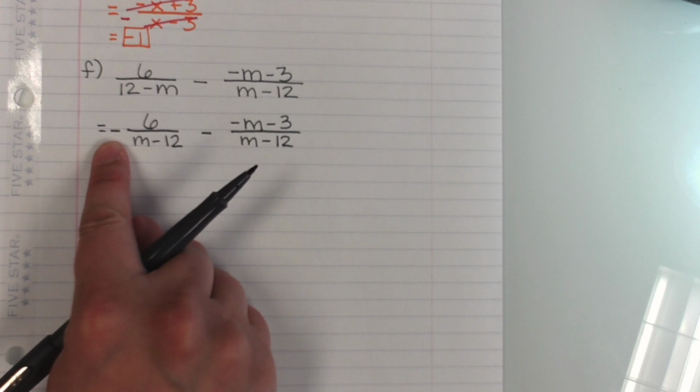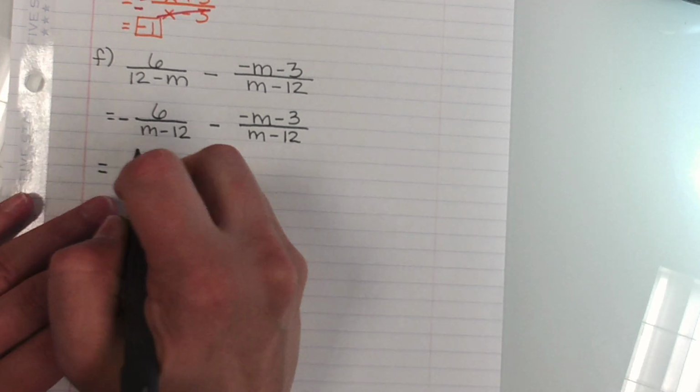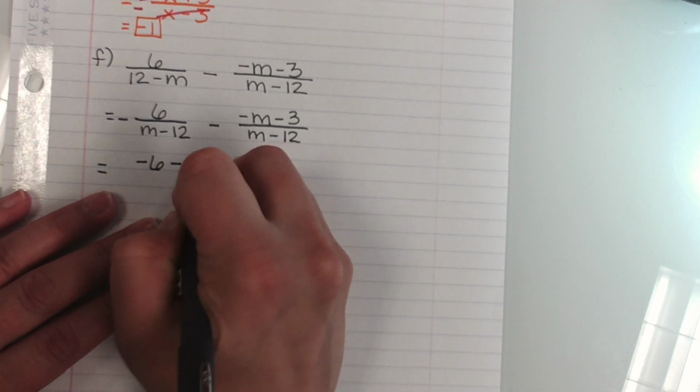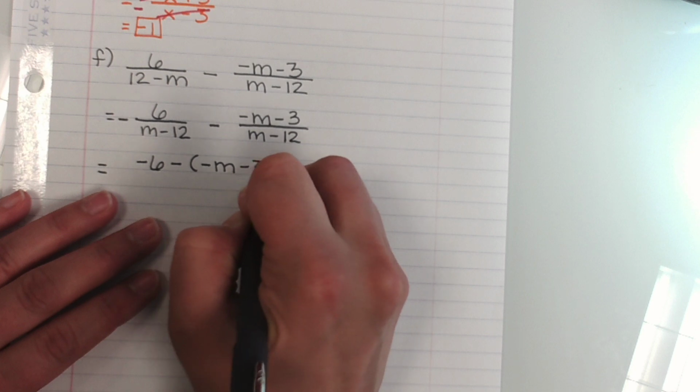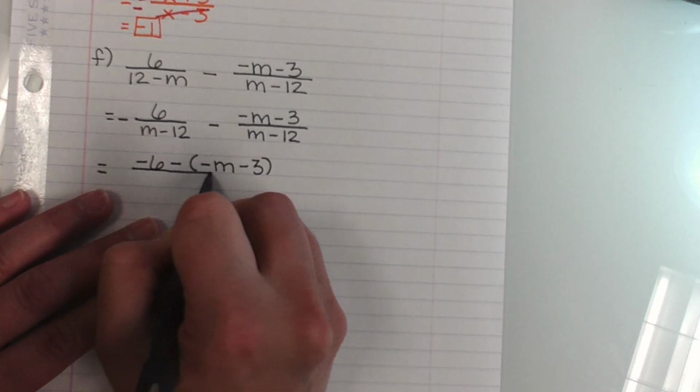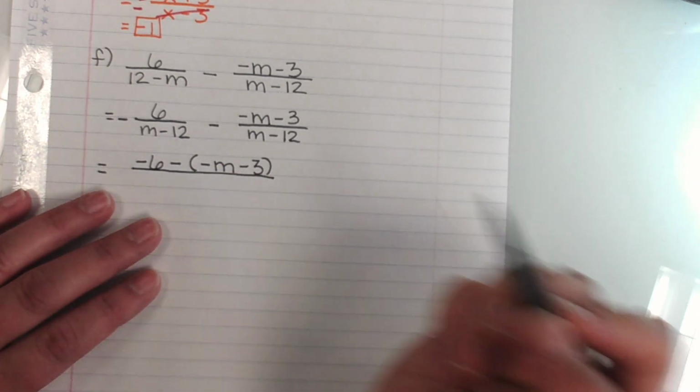If you put a negative in front of the fraction, in all technicality, that negative goes to the top of it. So when I go to subtract these, not only do I need to put the parentheses around the negative m minus 3 that's on the right fraction, but I need to put a negative on that 6.